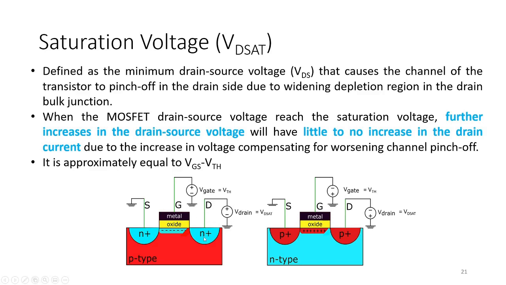Instead of having increased current due to a higher electric field here, because the channel is pinching off, there is a bottleneck here. So further increases in the drain source voltage will have little to no increase in the drain current, due to the increase in voltage compensating for worsening channel pinch off. For introductory courses, it is approximately equal to VGS minus VTH.